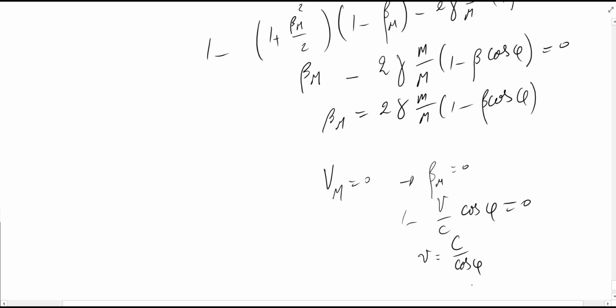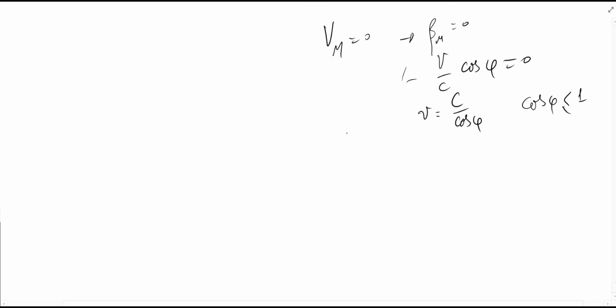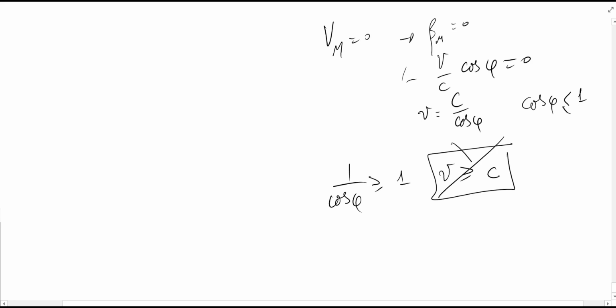Obviously, this is more than C, because cosine of phi is less than 1, in general less than or at most equal to 1. So when you invert it, 1 over cosine of phi is greater than or equal to 1. That means V is greater than or equal to C, and this is not possible.